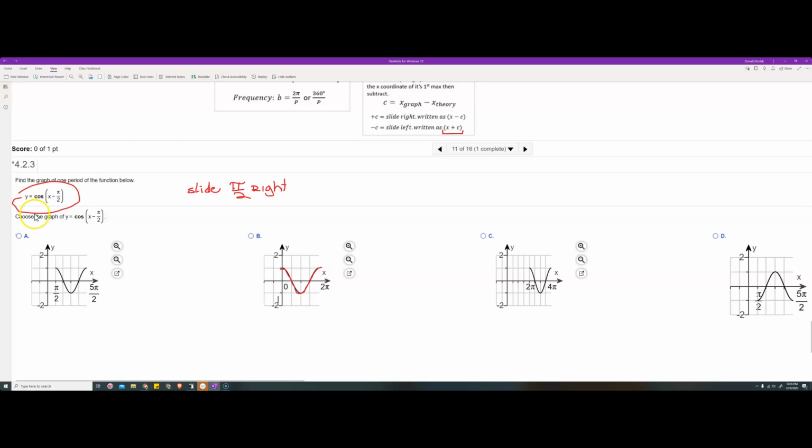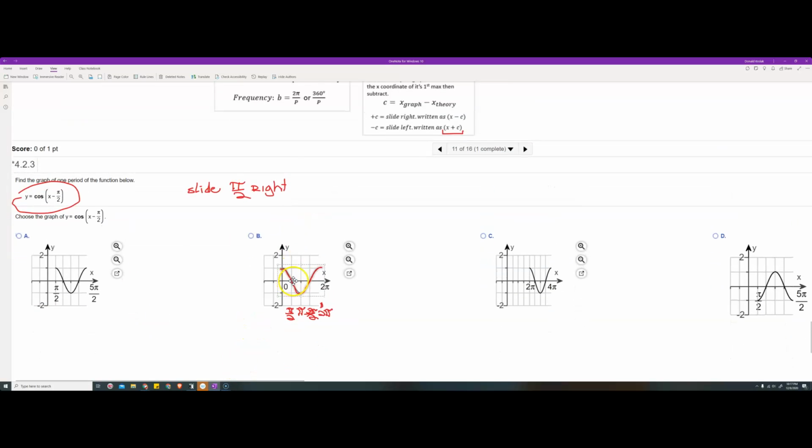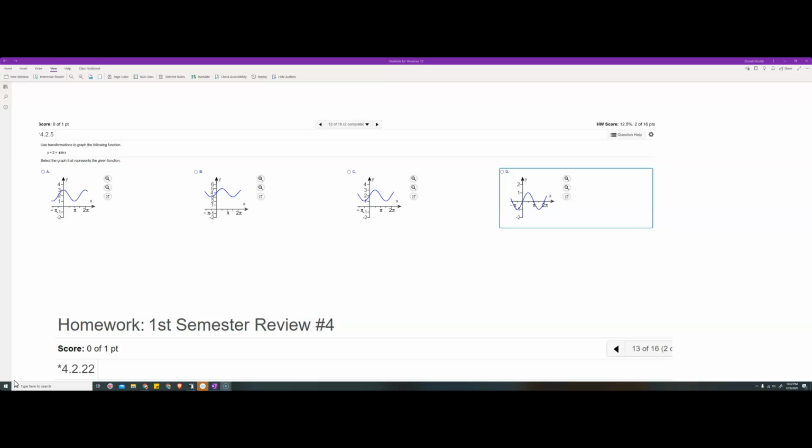So I'm going to take that. Remember, each box, if this is 2 pi, then that's halfway, that's pi. Half of that is pi over 2, and that makes this 3 pi over 2. And if I take that and shift it pi over 2 to the right, it's going to move over 1 box. So I can see my answer is going to be A.